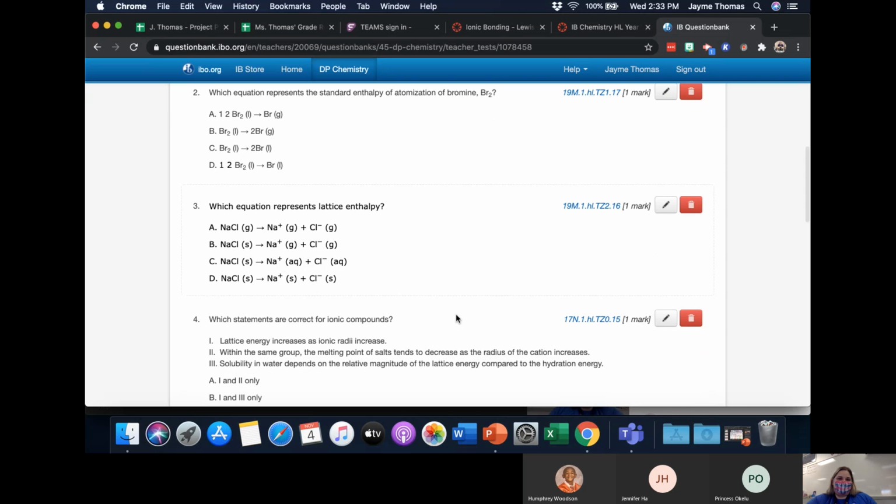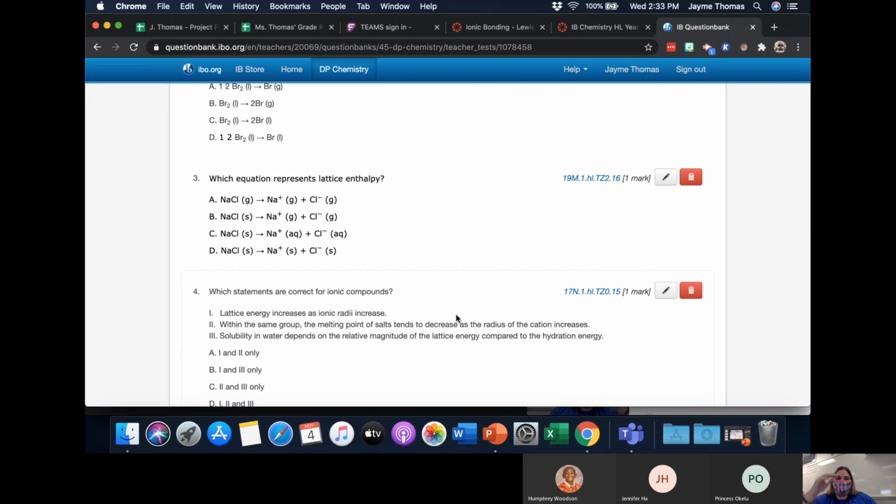All right. Which equation represents lattice enthalpy? So we got to remember what is the definition of lattice enthalpy and then what would that look like in an equation form? So we just kind of talked about it on that last part about how it has to do with their states.